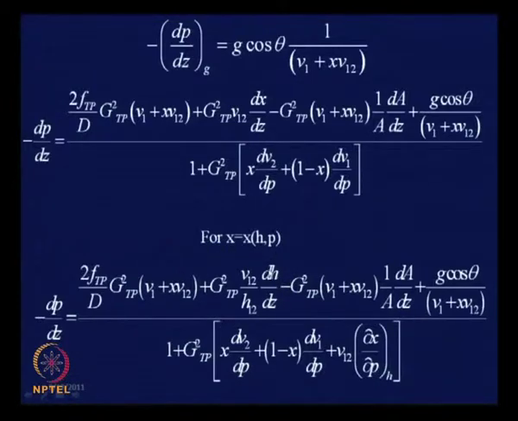And more importantly, if you observe the denominator, instead of considering only the specific volume changes with pressure, we are also considering how quality changes with pressure. So, the expression in this case becomes much more involved.